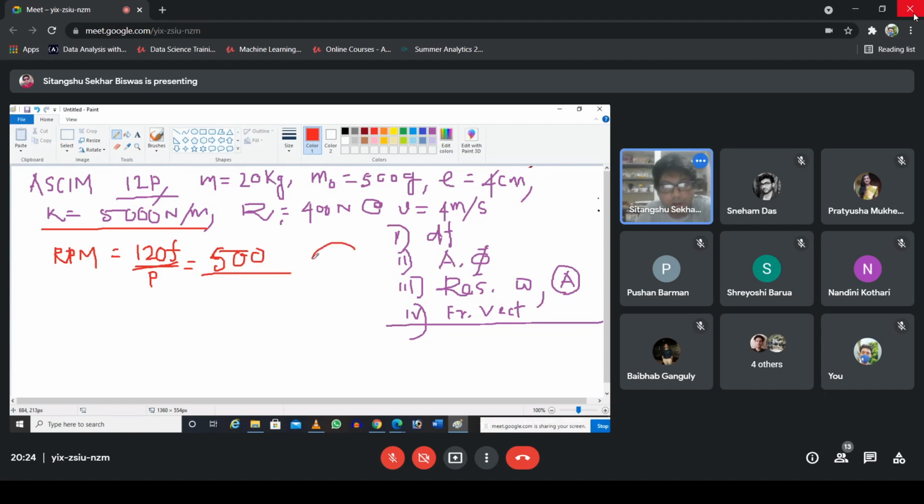So we know that it is rotating 500 times in a minute. So omega we will find out, the instantaneous angular speed. So omega is equal to 2 pi, means one rotation it is rotating 2 pi, and in 1 minute it is rotating 500 times. So 1 minute is 60 seconds. So this is the angular speed.